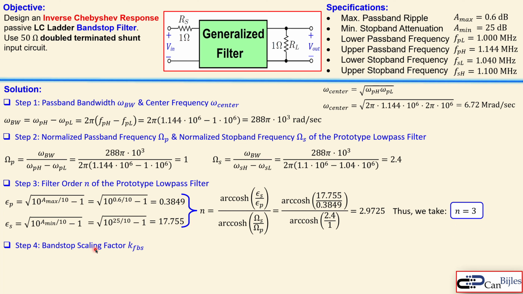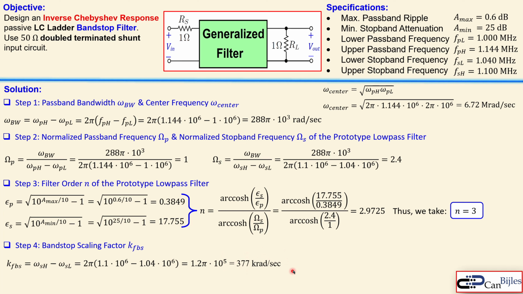Step 4 is the bandstop scaling factor, which is the KFBS, and that is in this case set to the difference between the upper and the lower stopband frequency, which is actually just 1.2 pi times 10 to the power 5 radians per second, or approximately 377 kilo radians per second.